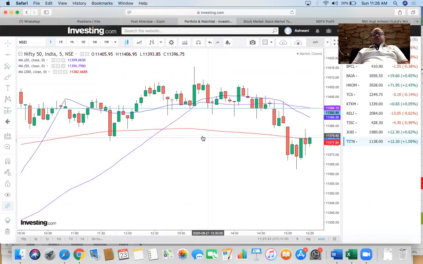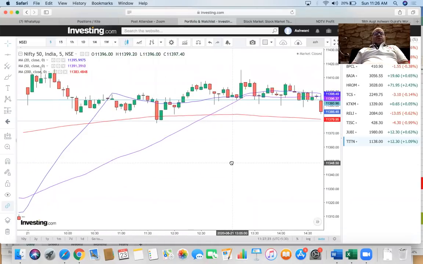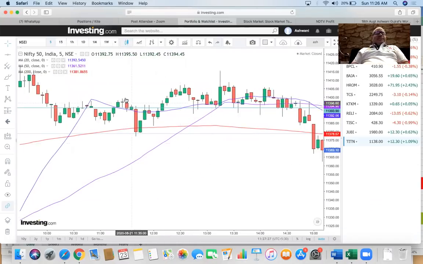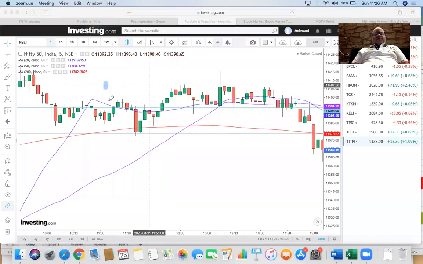So on the Nifty, you have congestion here. What is this zone? This is 390 to 410, which was the zone given by Camarilla.